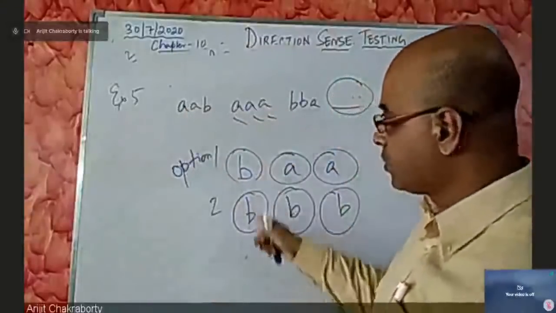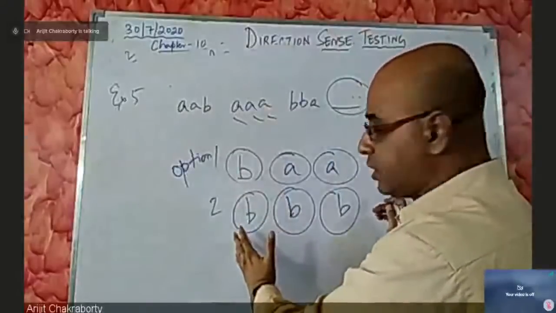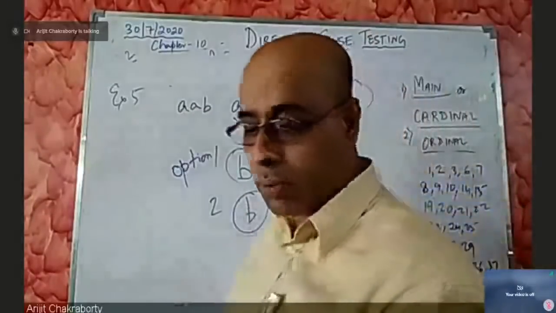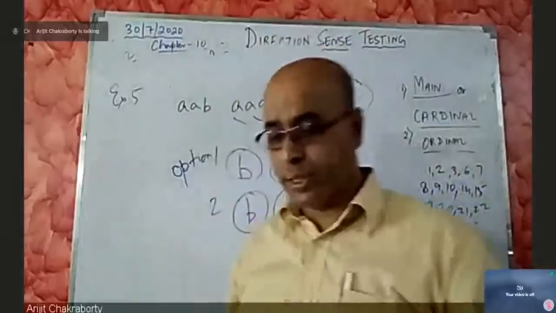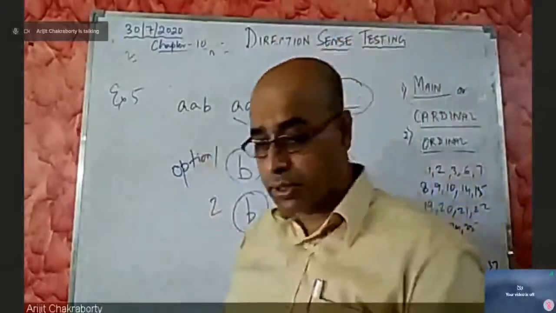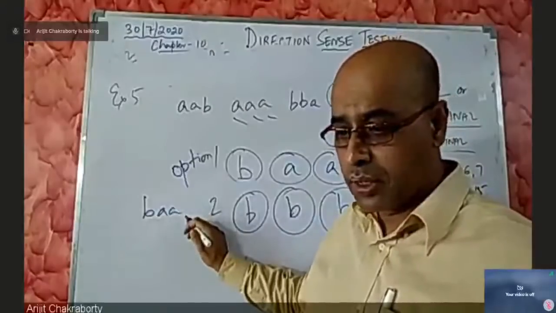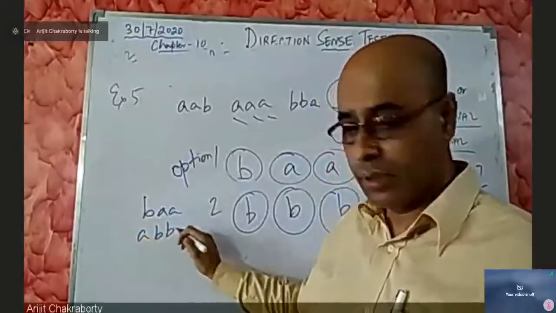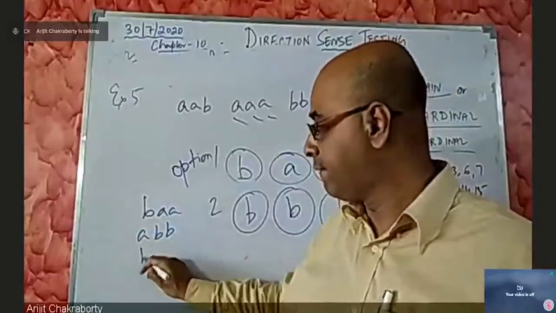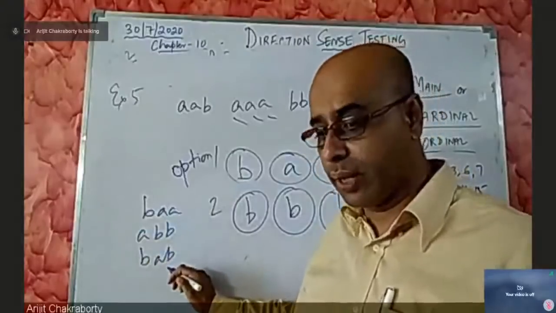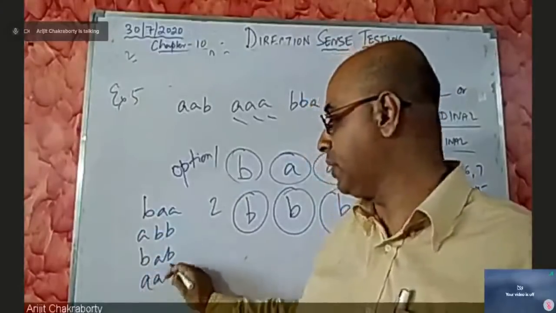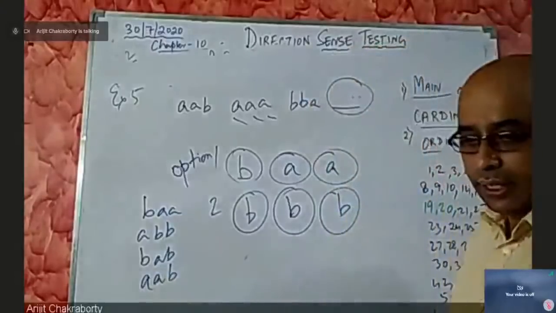Now, once you achieve one or two of these options, you have to see what options are given. In example 5, the options given are BAA, ABB, BAB, and double A B, AAB.